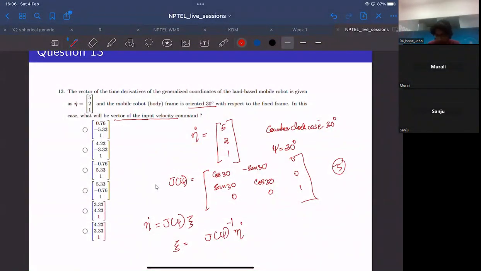It should be clear that J of psi is an orthogonal matrix. So what would be the inverse of an orthogonal matrix? It would be its transpose. So J of psi inverse is basically J of psi transpose, since J of psi is an orthogonal matrix.